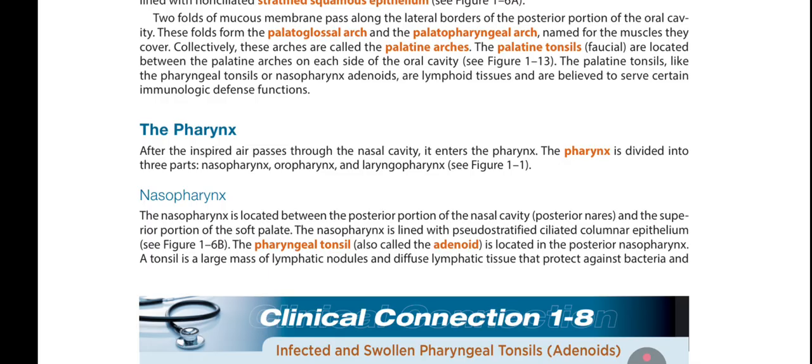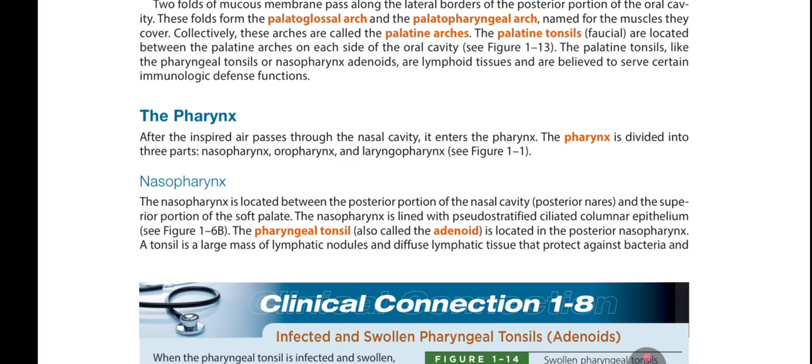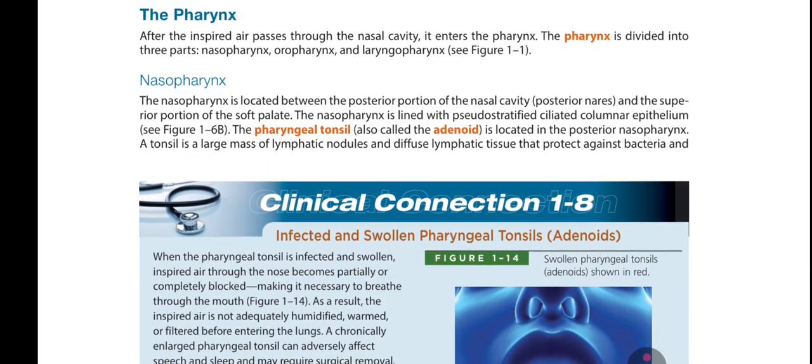We also have the palatine tonsils, which are important, located at the sides of our oral cavity. Adenoids are located at our posterior nasopharynx, remember that, and if it's a palatine tonsil, it's in our oral cavity.